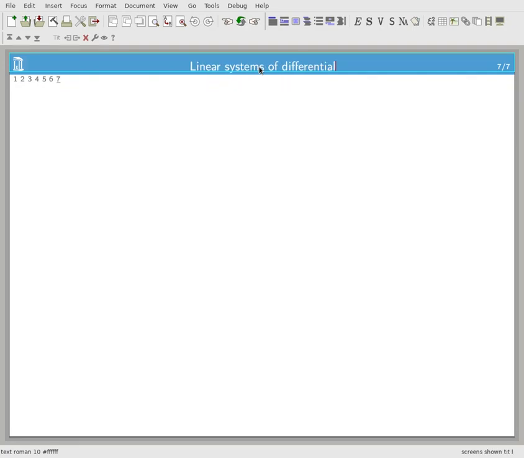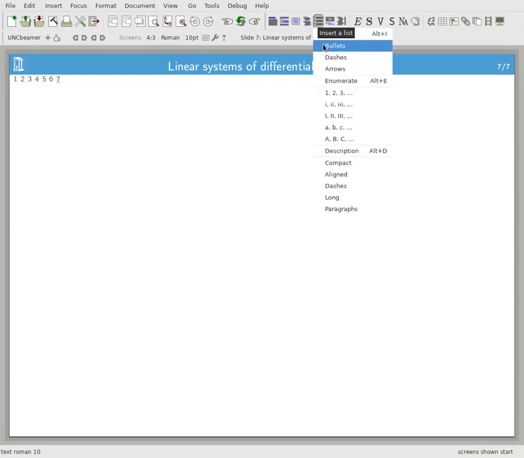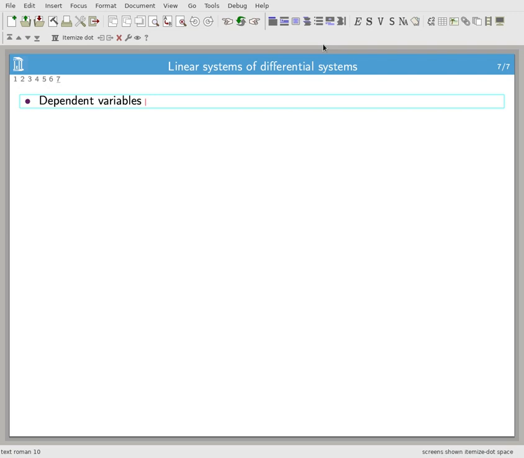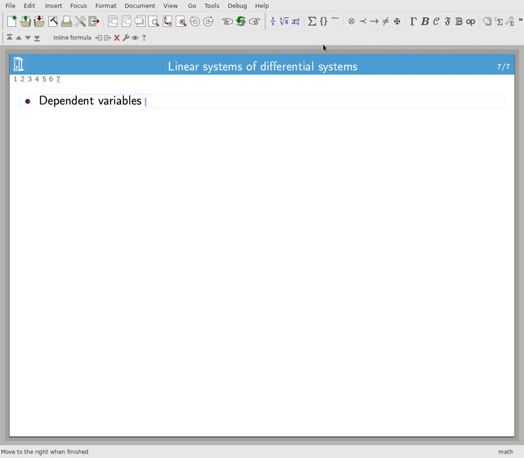Now, as we've been exposed to in our study of linear algebra, essentially what is happening here is that we will be introducing a vector of unknowns. These are the dependent variables. And we will denote these by a bold-faced y. This is going to be a function.